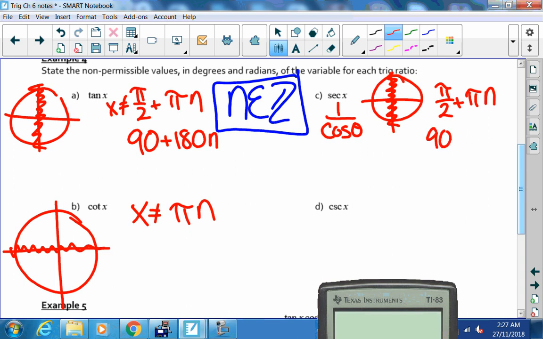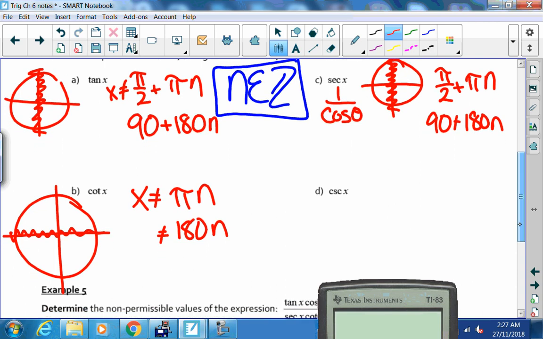Down here, this is just going to be 180 times n. So 180, 360, 540, etc.